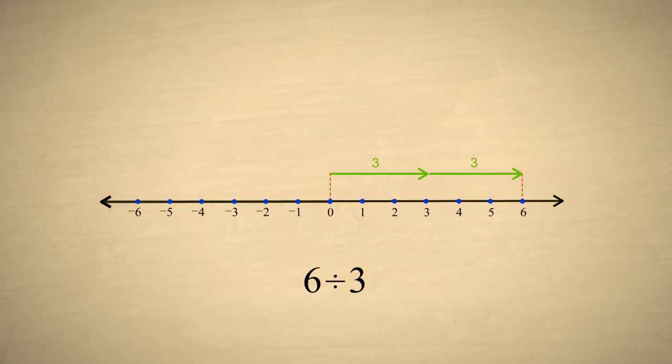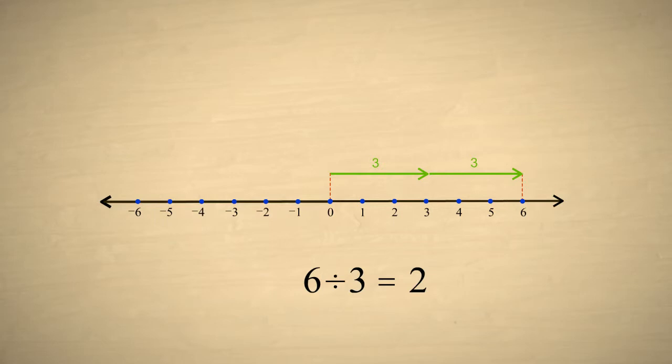The answer is that 3 fits into 6 2 times. Of course, no matter which interpretation we prefer, 6 divided by 3 is 2. In this example, we divided the natural number 6 by the natural number 3, and we got another natural number, 2.